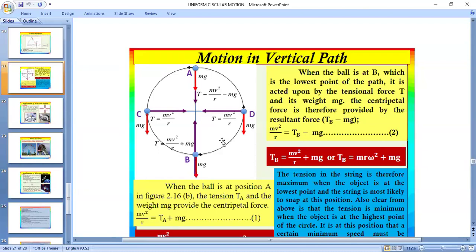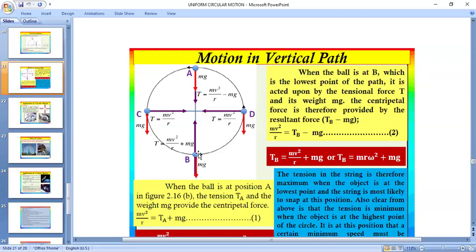So at the end of the day, when we compare all of them, we find that tension in the string at the position B is the highest here. So when the body is here, the rope experiences the highest tension. And that's the point where it can easily cut.